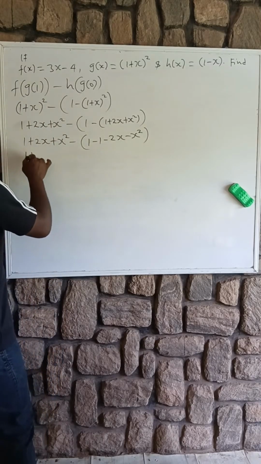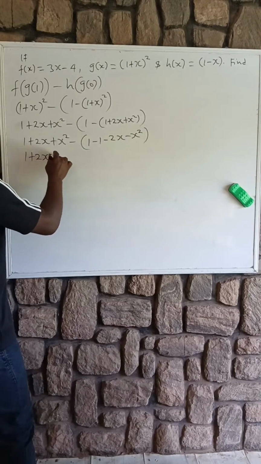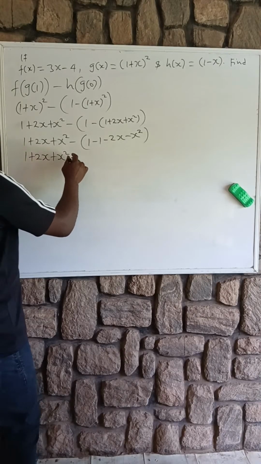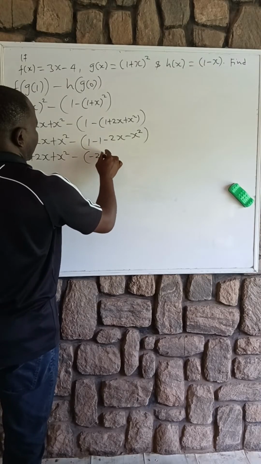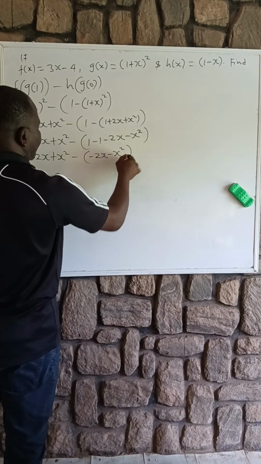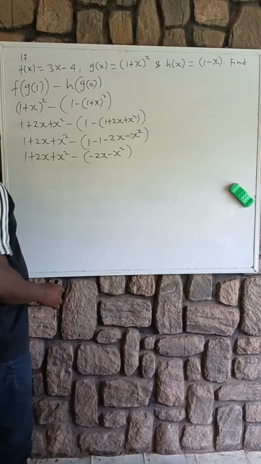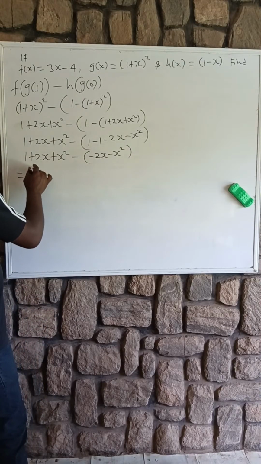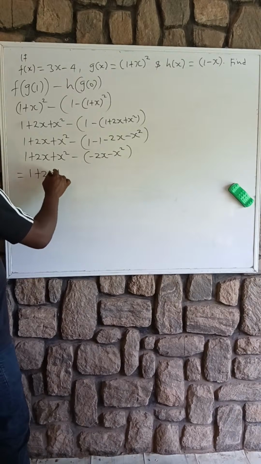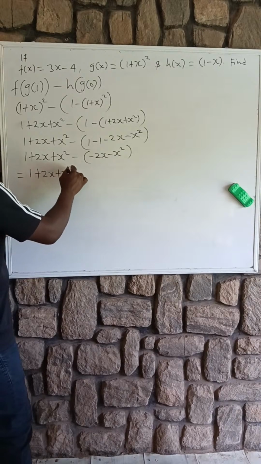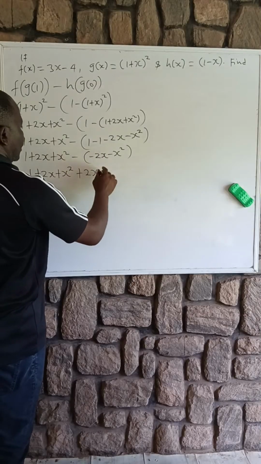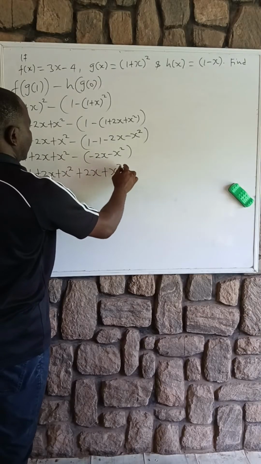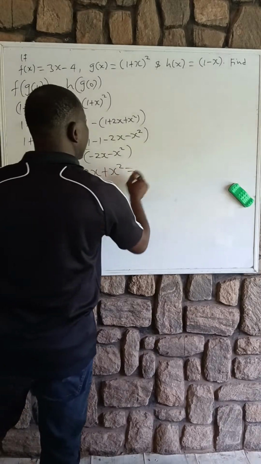We have 1 plus 2x plus x squared and minus open bracket, this one and this one will go, minus 2x minus x squared. So let us multiply out. Here we have 1 plus 2x plus x raised to the power of 2 plus 2x plus x raised to the power of 2.